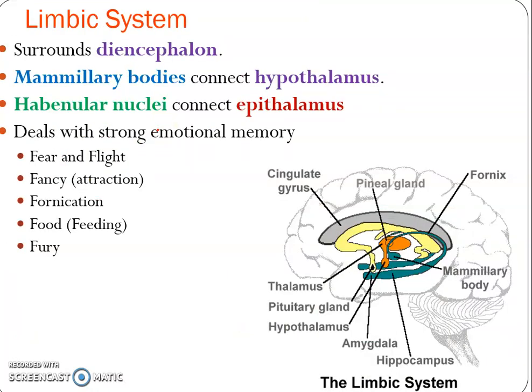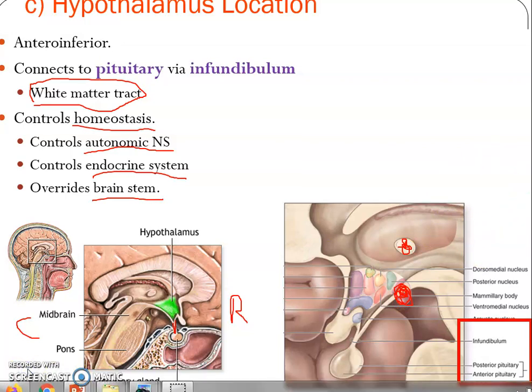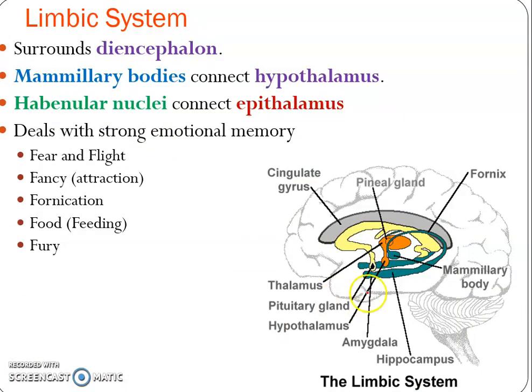Now, I mentioned the limbic system before. There's a couple nuclei that attach to the limbic system. The first is this thing right here in the hypothalamus called the mammillary body, and the other one is the habenular nucleus. This limbic system is actually in the cortex, but it is linked to the diencephalon.